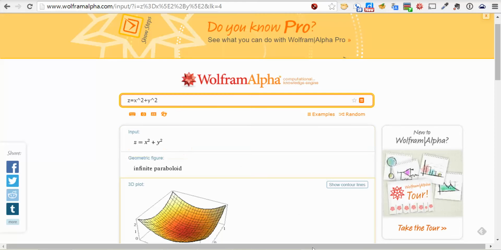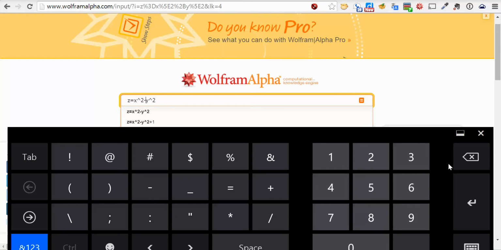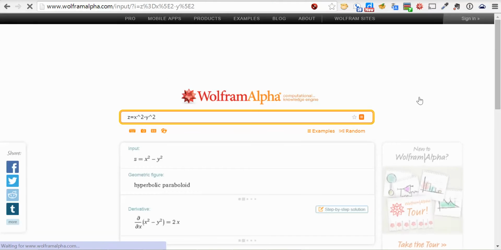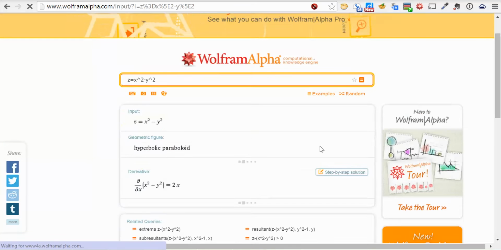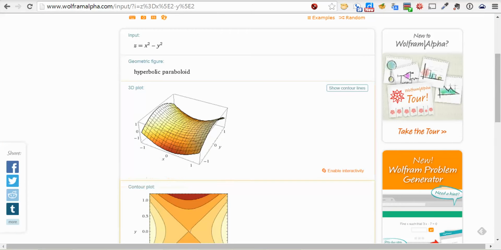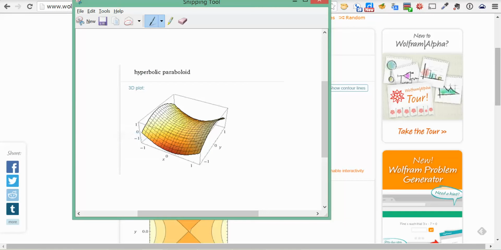Instead of plus, let's turn it into minus. So look what happens. Ready? Take a look. There it is. See that shape right there? Here's what it looks like. Hyperbolic paraboloid. Kind of cool, huh?